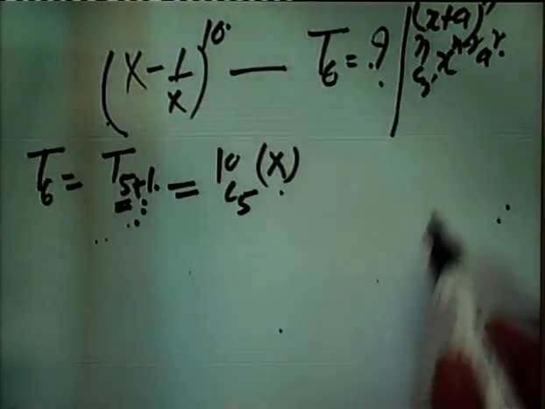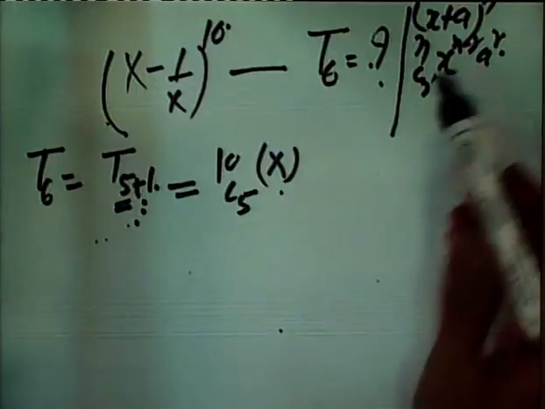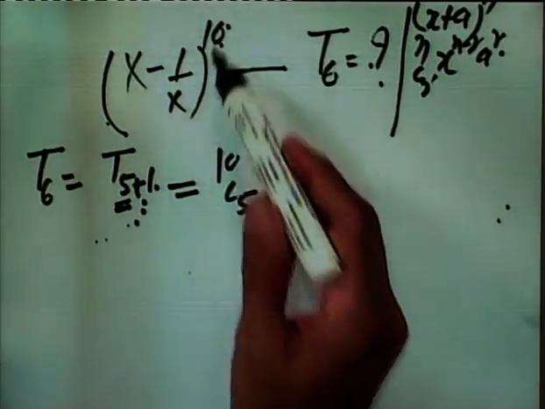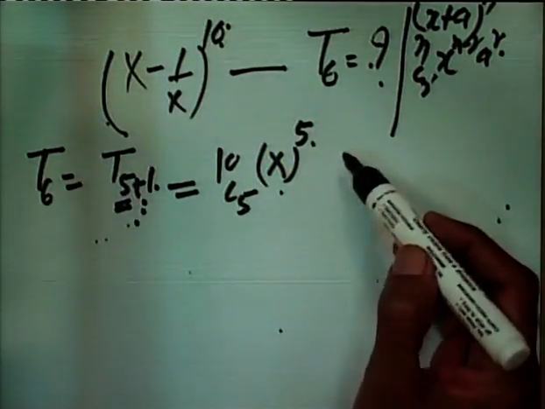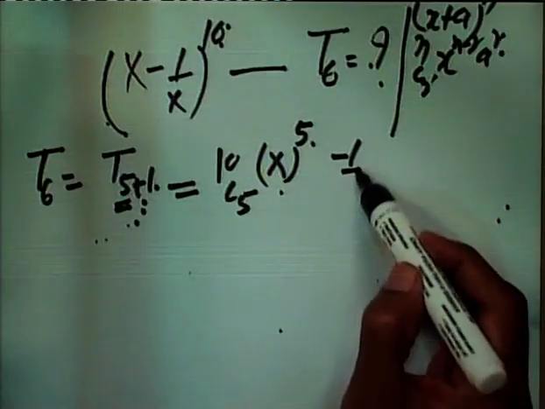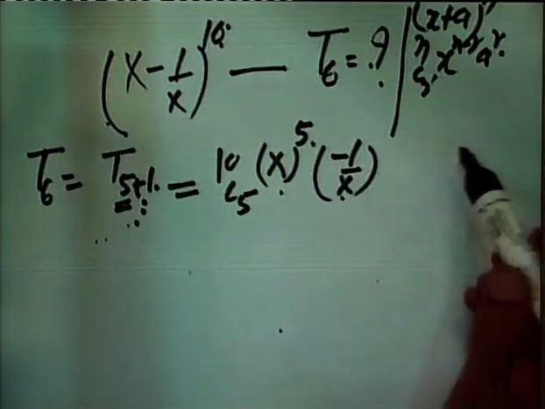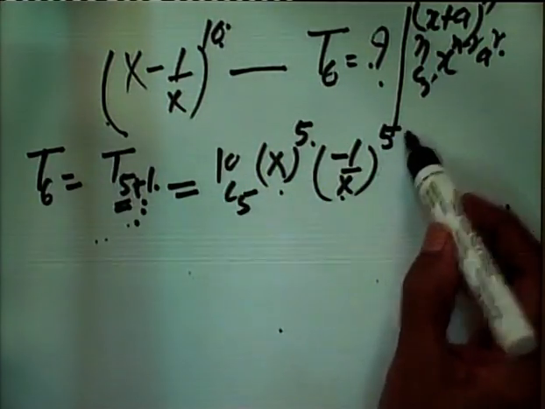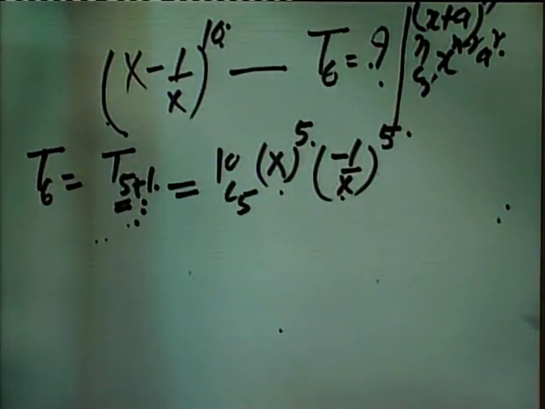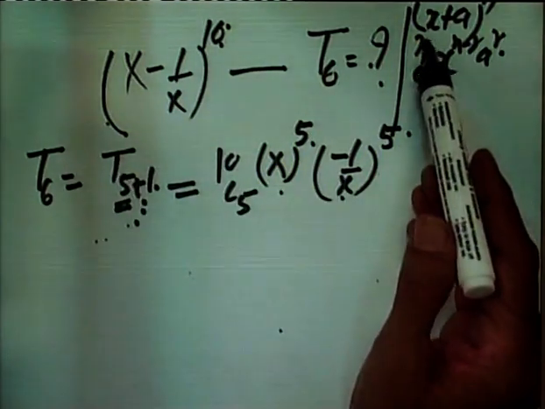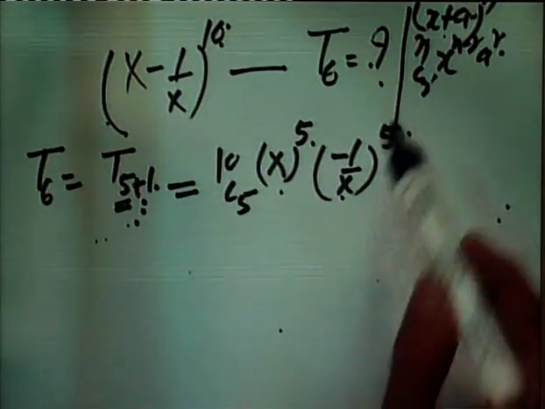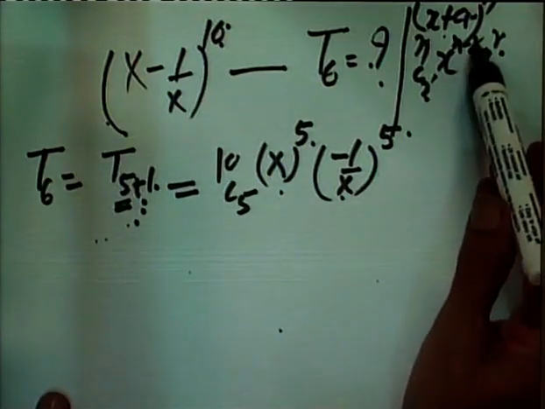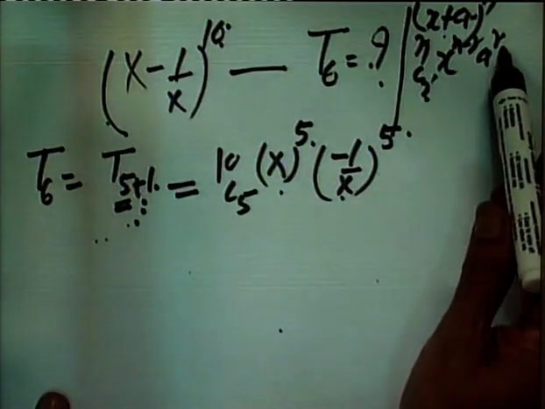raised to power n minus r. So, n is 10, 10 minus r means 5, into minus 1 upon x, then power 5. I repeat it because in the expansion of x plus a raised to power n, Tr plus 1 was nCr x raised to power n minus r into a raised to power r.